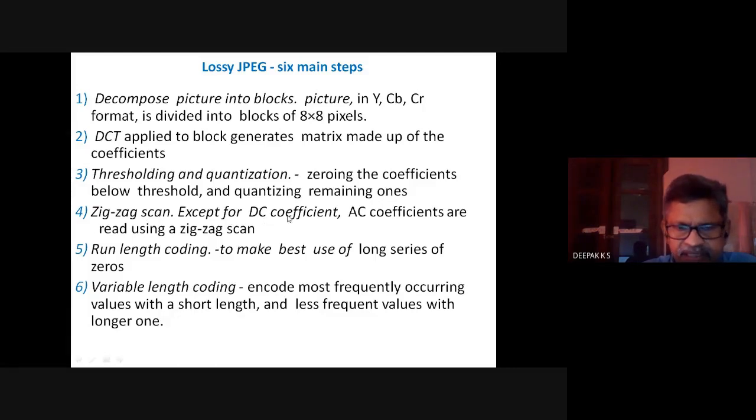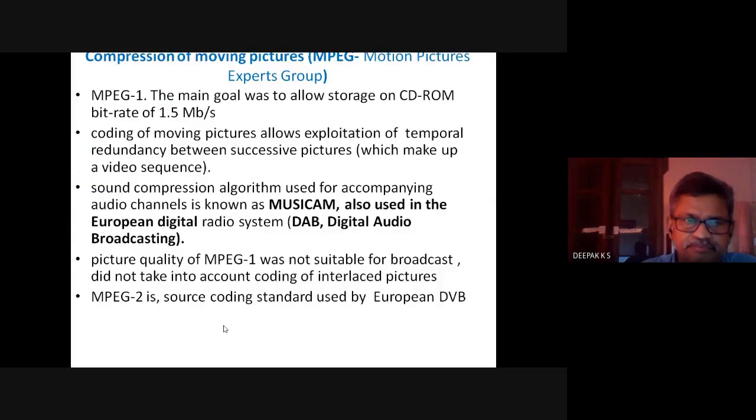Apart from the DC coefficient, the other coefficients are zigzag scanned. Apply run length coding and apply variable length coding. These are the 6 main steps in lossy JPEG. This is used for compressing images.